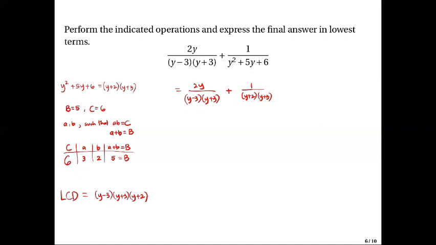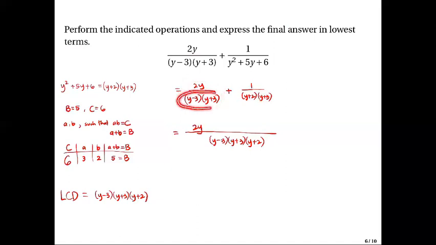So when we combine this into a single fraction, the denominator becomes y minus 3, y plus 3, y plus 2. And then for this guy here, of course, you have your 2y.